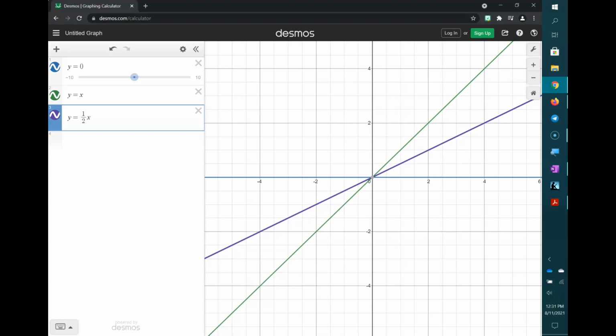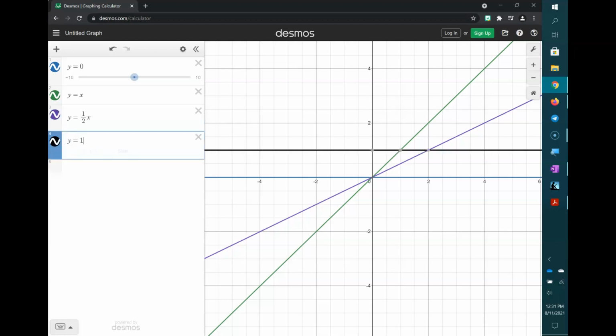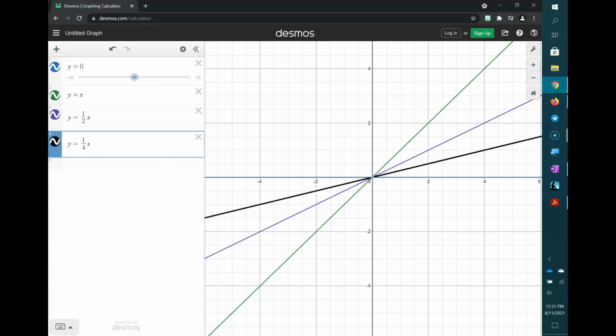It's increasing more quickly. As x increases, y increases more. Then if we continue going smaller, y equals 1/4 x is an even less steep line. So this is increasing more slowly even.